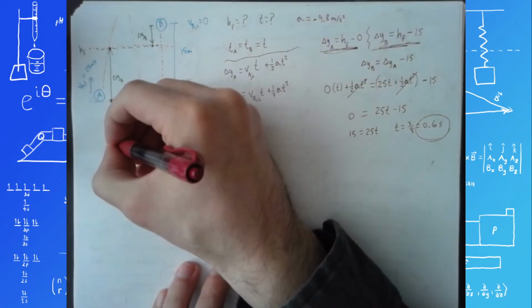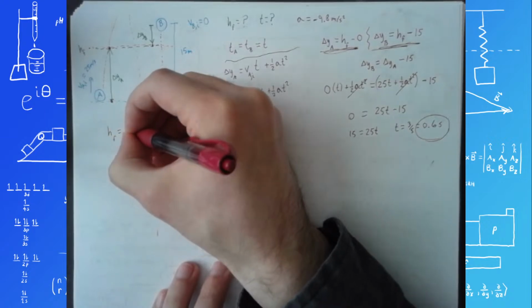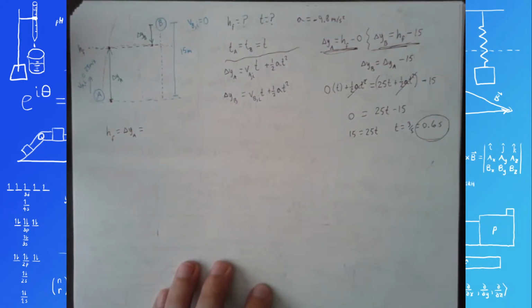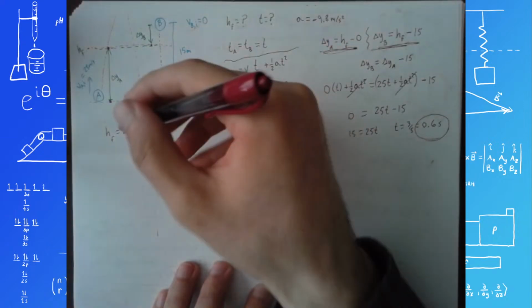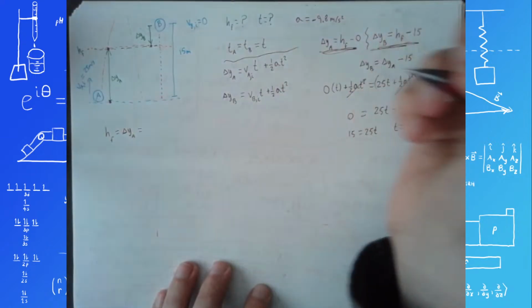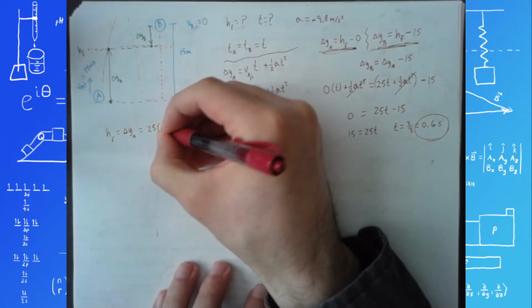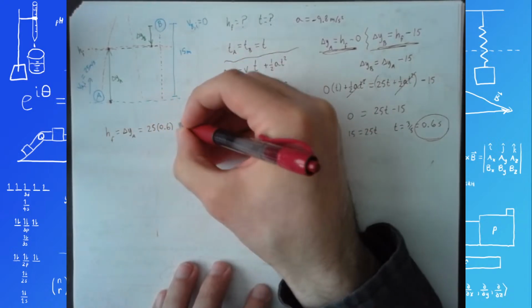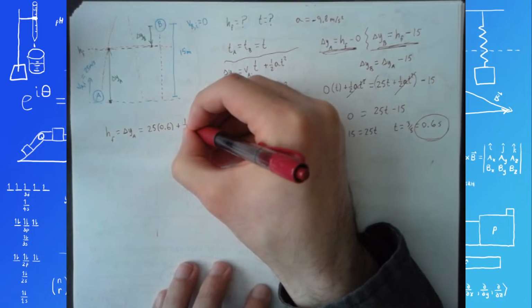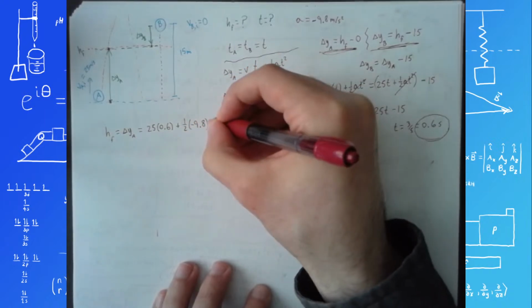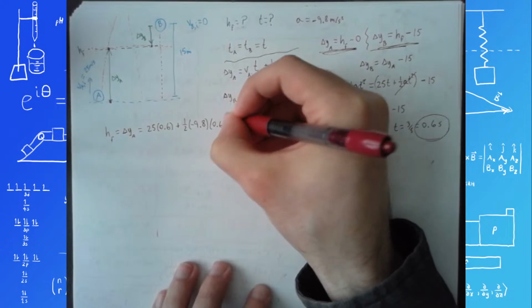So H final equals delta YA equals VA initial, which was 25, times T, which is 0.6, plus 1/2 the acceleration times the time squared.